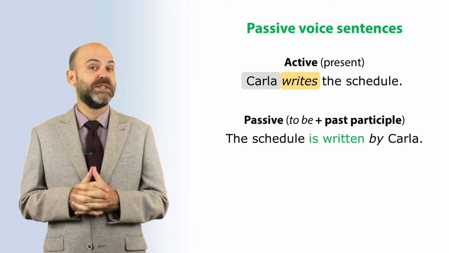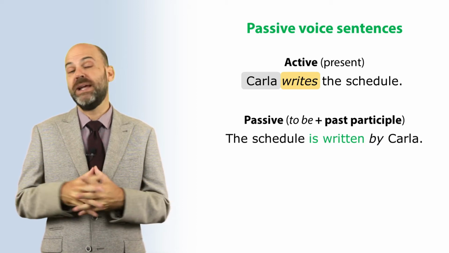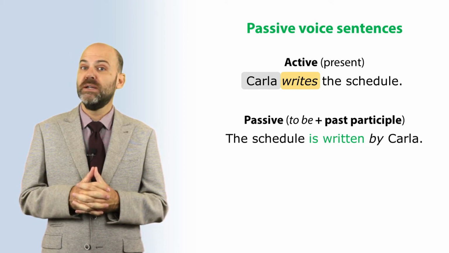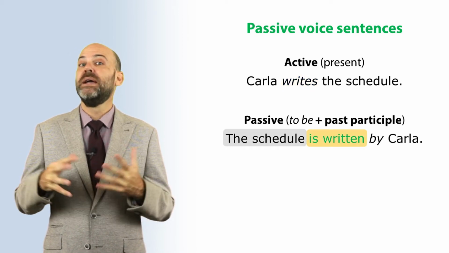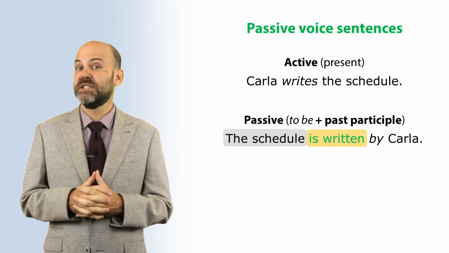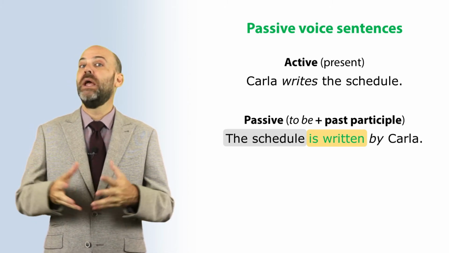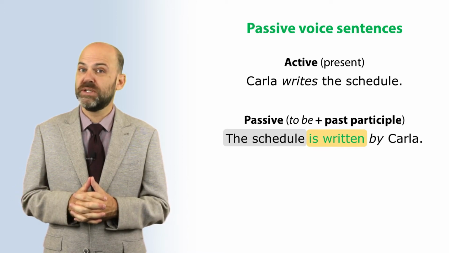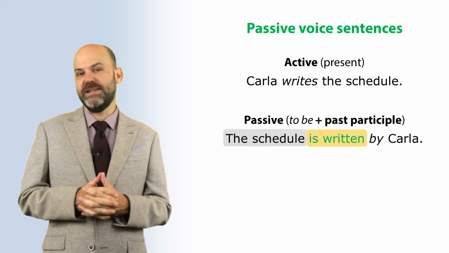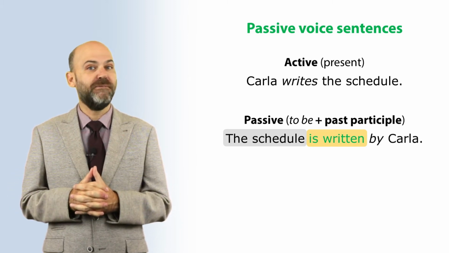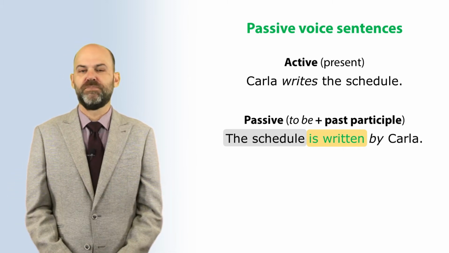This means that the subject is doing the action. Here, Carla is the subject. In the second statement, the subject is not doing the action. Here, the subject is receiving the action. This is a passive voice statement.